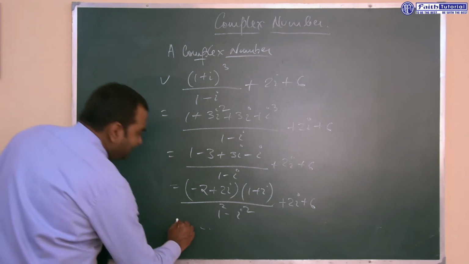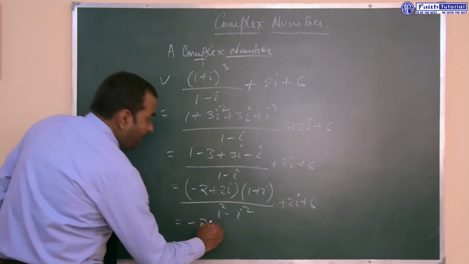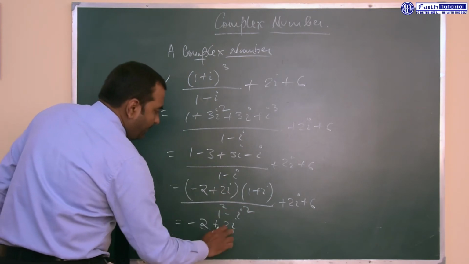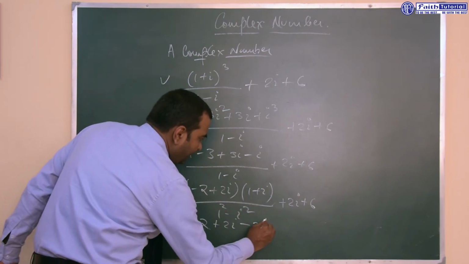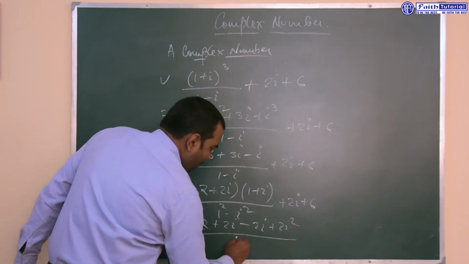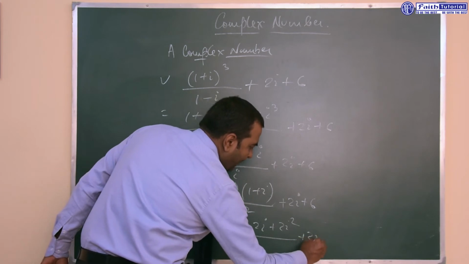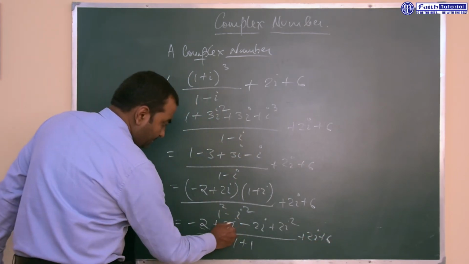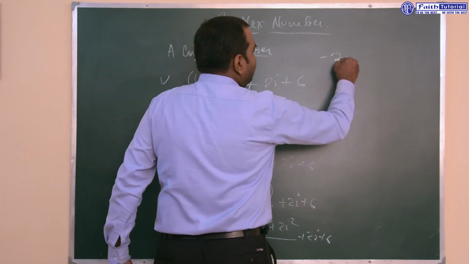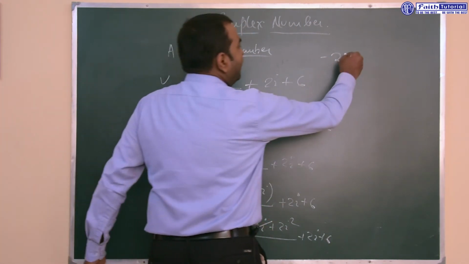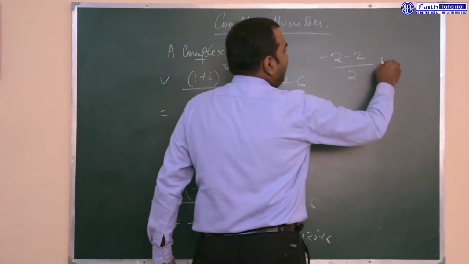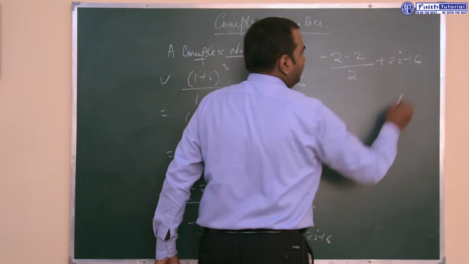So we have it as minus 2 plus 2i minus 2i plus 2i squared divided by 1 plus 1 plus 2i plus 6. So we have it as minus 2 divided by 2 plus 2i plus 6.